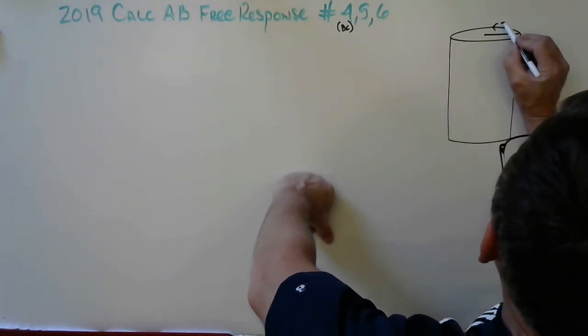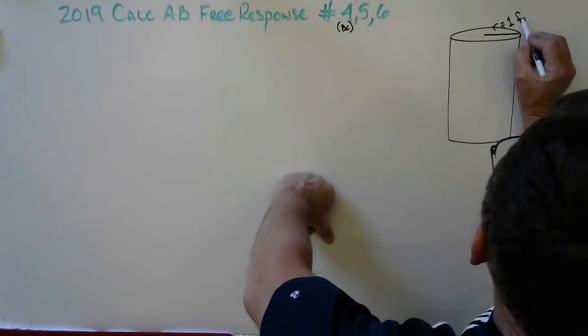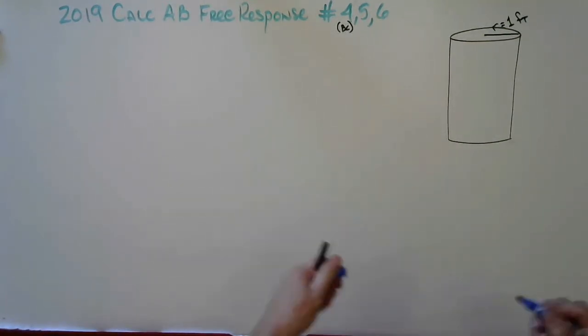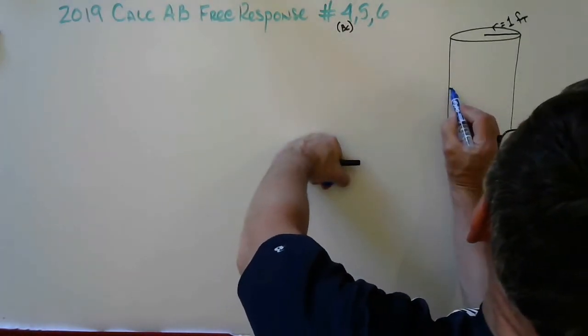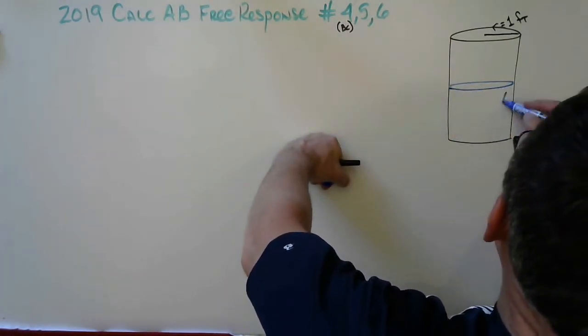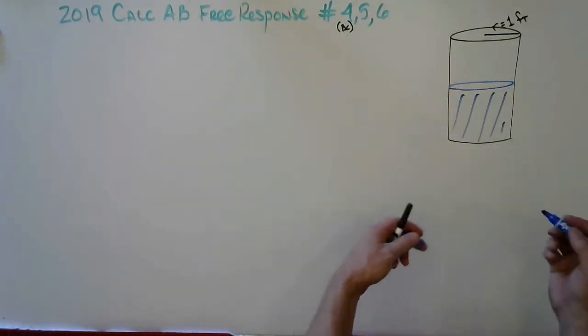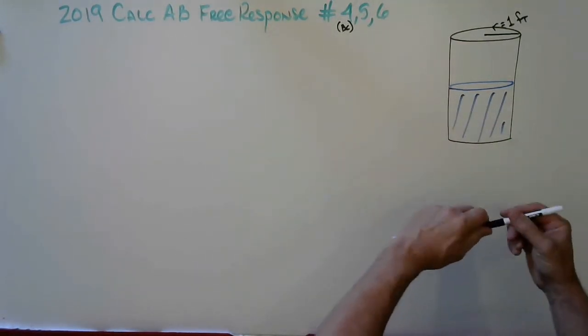That means the radius equals 1 foot. Right? The radius is 1 foot. So we have some water in here. All right, this is h, the height of our water.